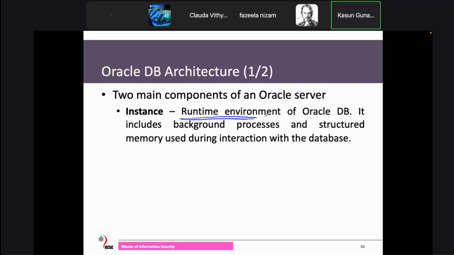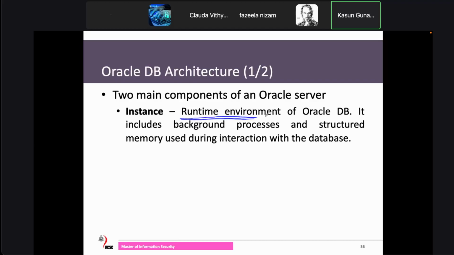It's what allows the database to function, where the users or clients are interacting with the database instance. So that is what we see in runtime. So users are connecting to the instance because we have to do everything when the database is in runtime.